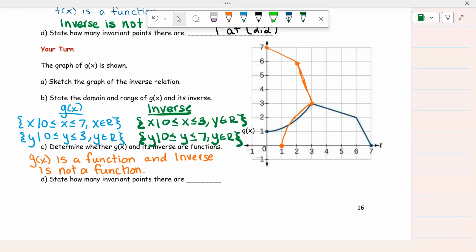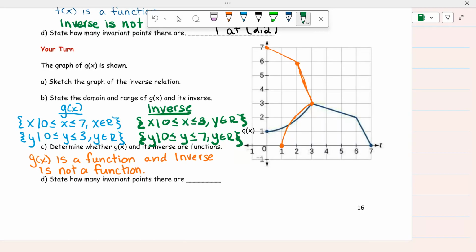Exactly. So that's why here it just says how many, right? Because if you draw the line, it's going to touch twice, not just once, because it crosses here as well. Even though it's not nice, it's still part of it.